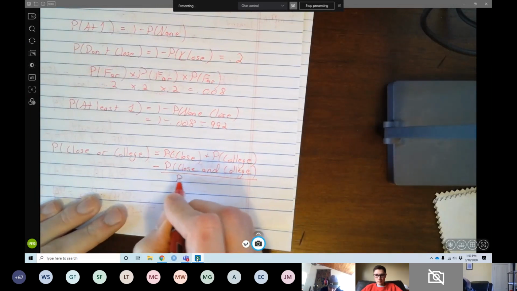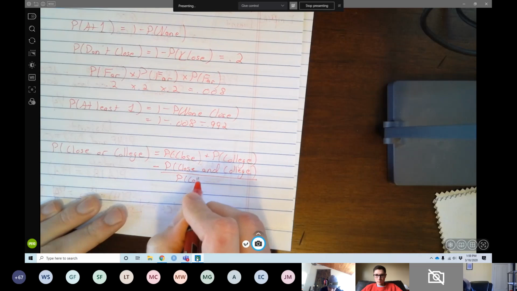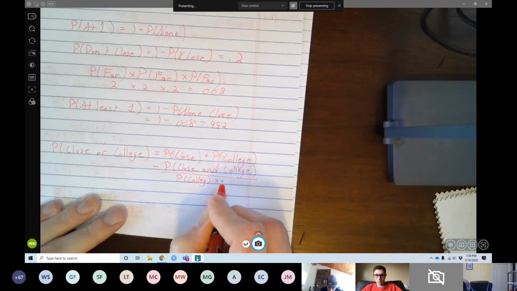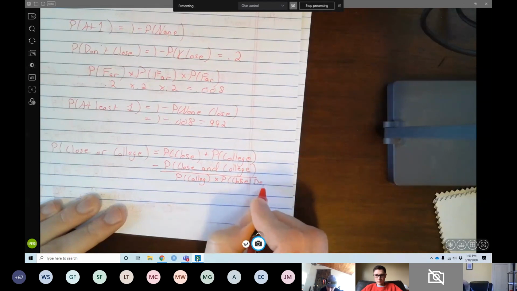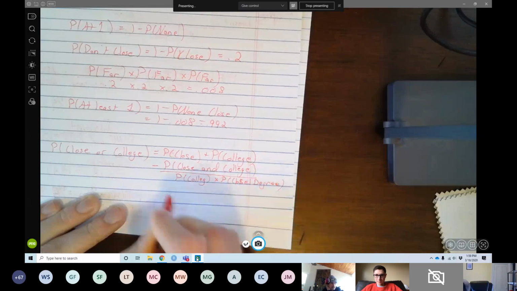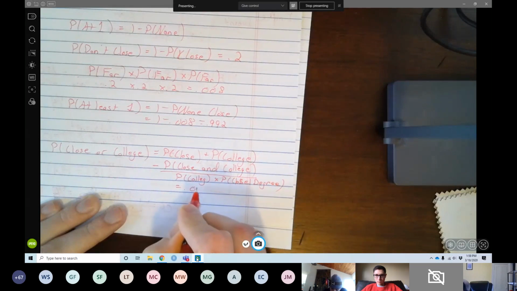So that's the probability that they have a college degree times the probability that they live close, given they have a degree. And we found that to be 0.015.